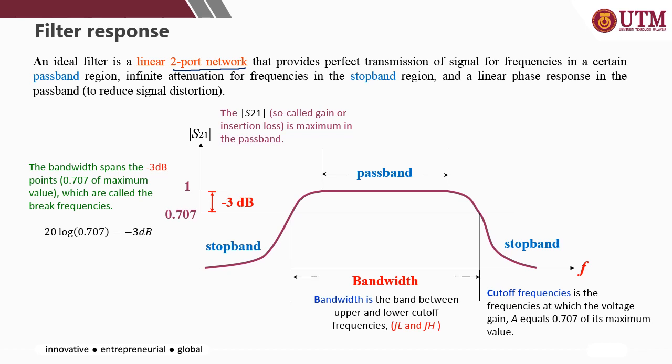In passive filter analysis, usually the filter will be characterized by using the transfer function, H(s) or H(j omega), the ratio between the output over the input. It can also be analyzed by using the attenuation or the S21, and S21 is also known as the gain or insertion loss analysis.